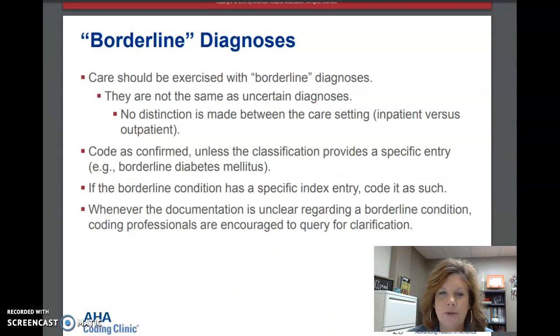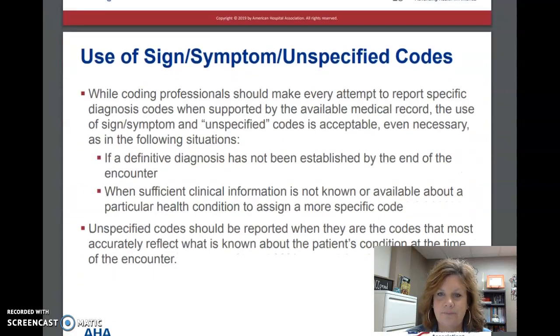Okay, borderline diagnosis: your code is confirmed unless the classification provides a specific entry. So with those, just look at the documentation. Sign or symptom: coding professionals make every attempt to report a specific diagnosis, but sign or symptom unspecified codes are acceptable.